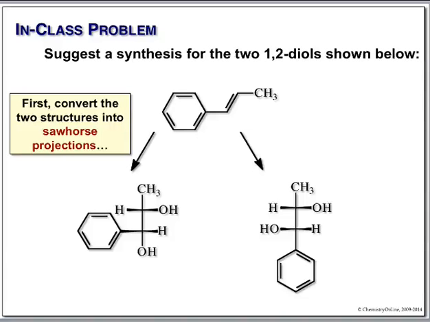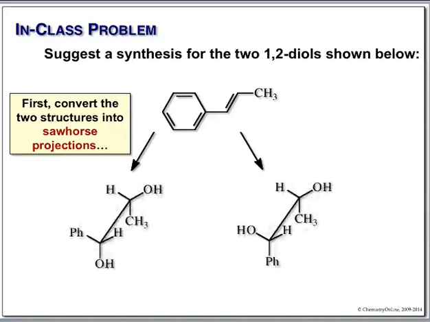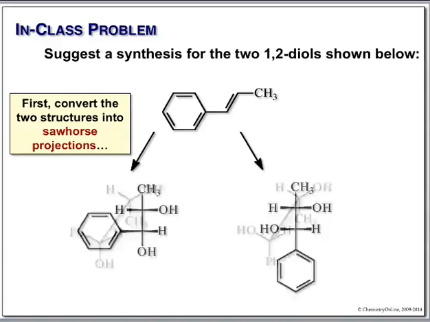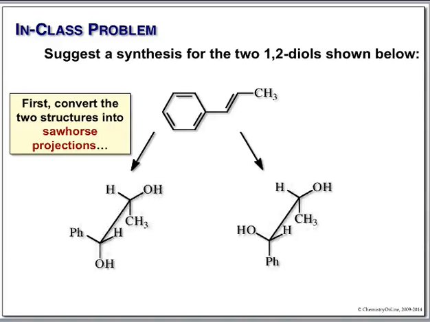All right, in our sawhorse projection, this is going to be our front carbon. Going to have a phenyl going up, hydrogen going up, hydroxyl down. Go back and look. Our back carbon, hydrogen up, hydroxyl up, methyl down.